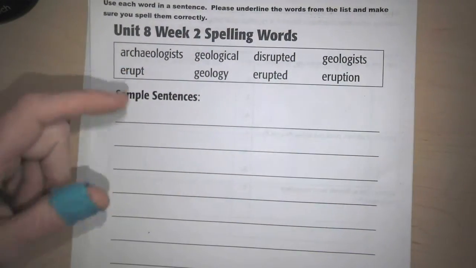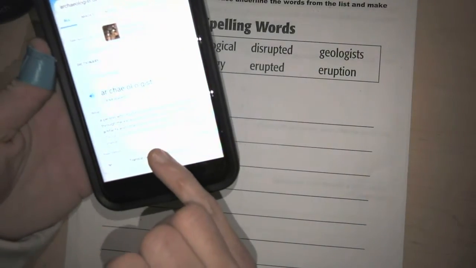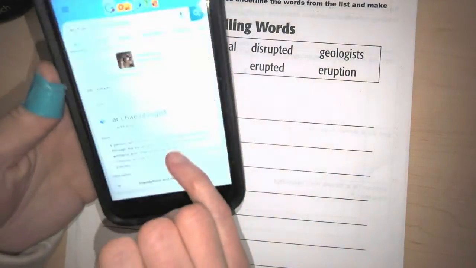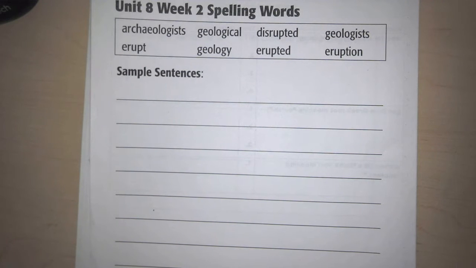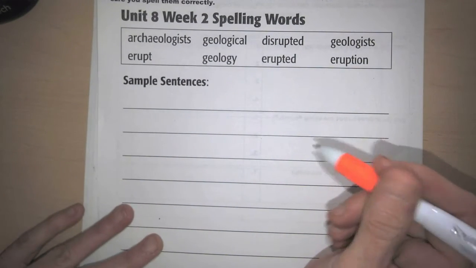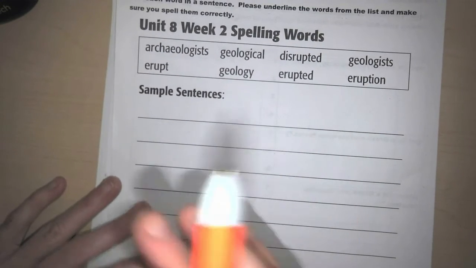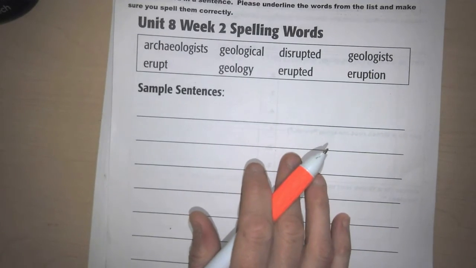So for archaeologist, it even gives you a sentence: a Chinese archaeologist uncovered a life-size terracotta statue. I'm not going to copy the sentence because that would be cheating, but it gives me an idea. They're people who study the past through human remains, like dishes and weapons and things.